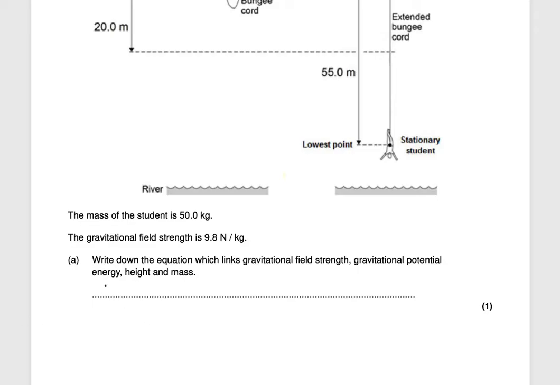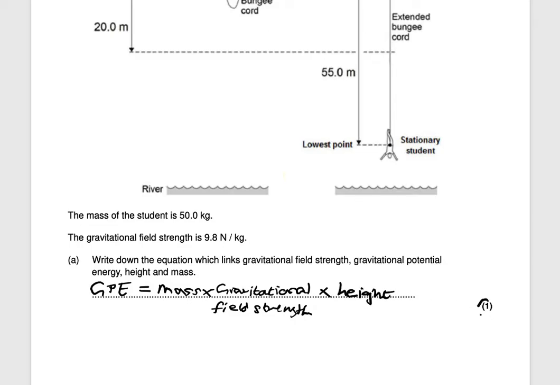So we have the gravitational potential energy, and that's equal to the mass multiplied by the gravitational field strength multiplied by the height. Okay, and that would get you 1 mark.